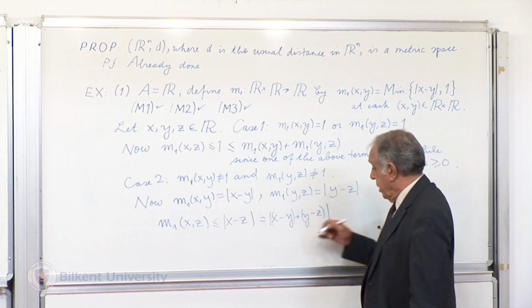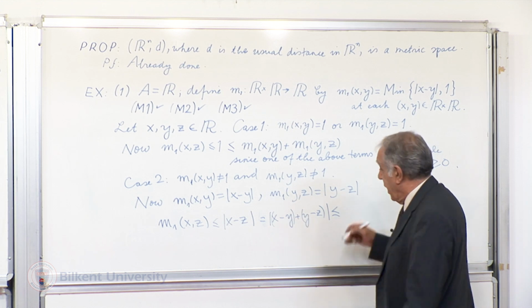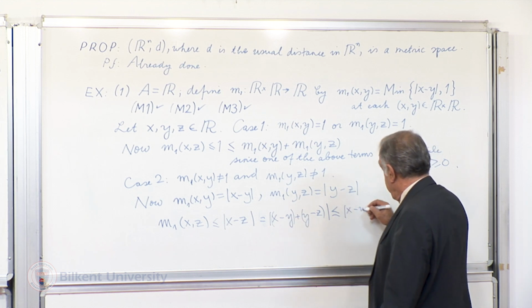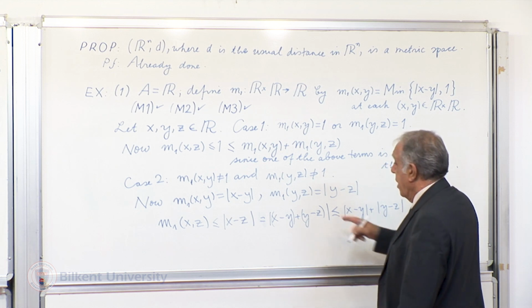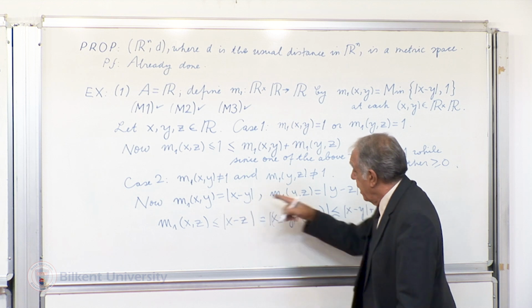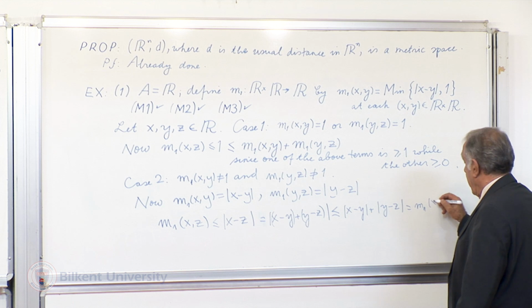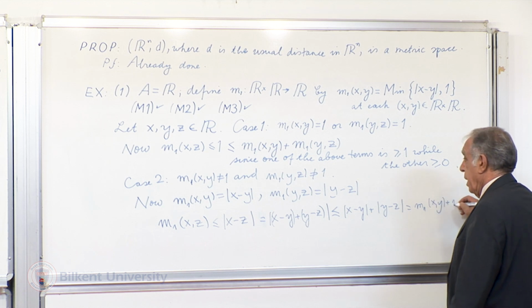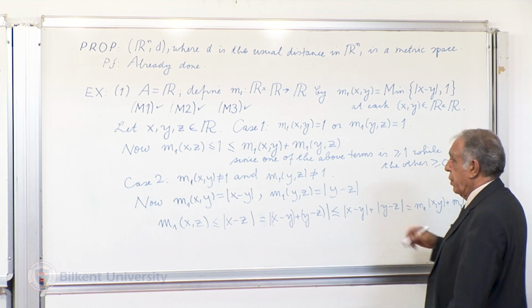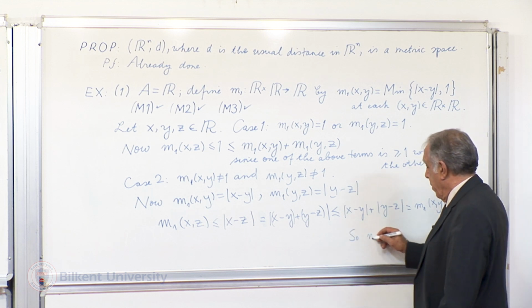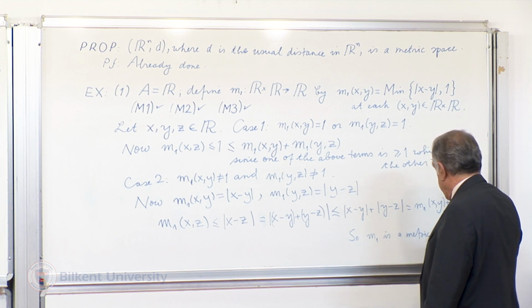But since this is the usual norm in R^1 and satisfies the triangle inequality, we have this, but we have noted in this case these two quantities are equal to m1(x,y) plus m1(y,z). So m1 is a metric on R.